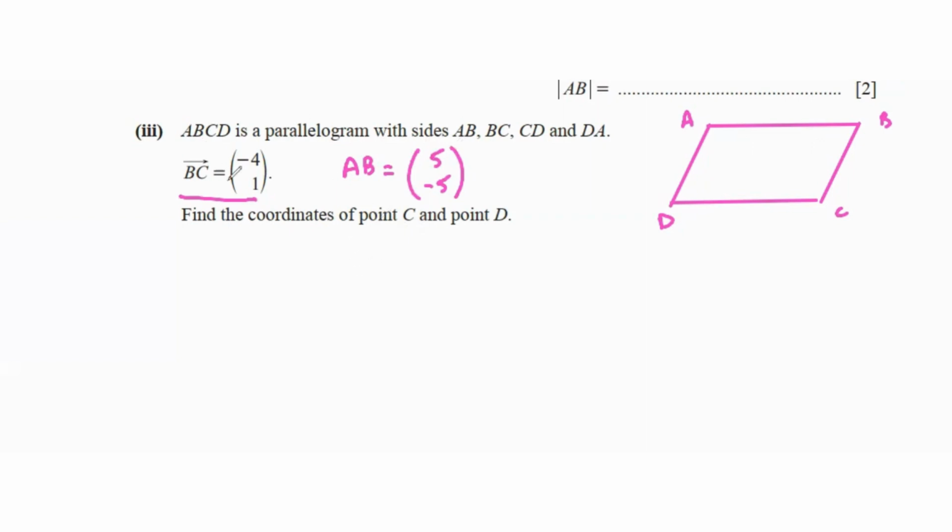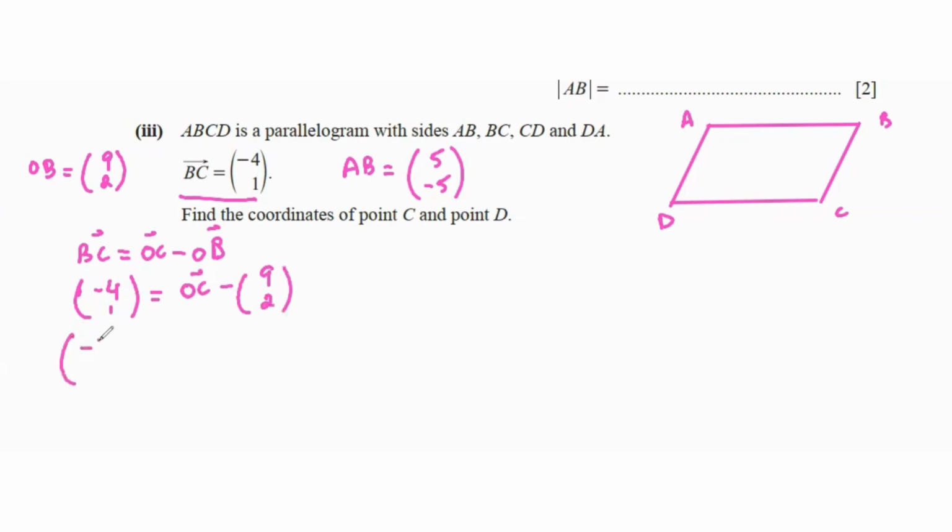What we can do is, using BC and OB, which was given as 9, 2, we can find OC. So that's going to be BC equals OC minus OB. So that's -4, 1 equals OC minus 9, 2.